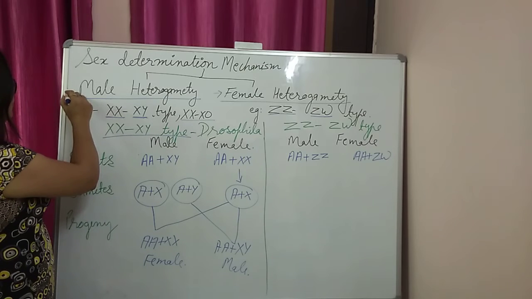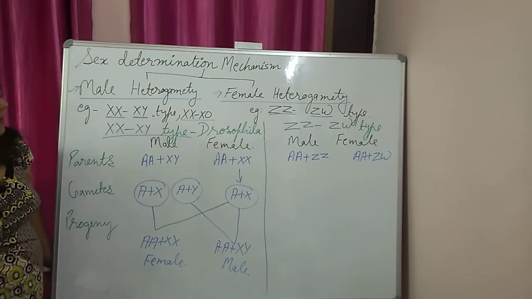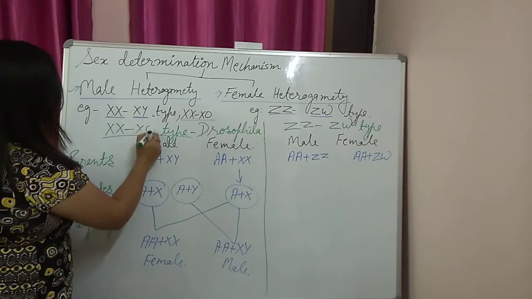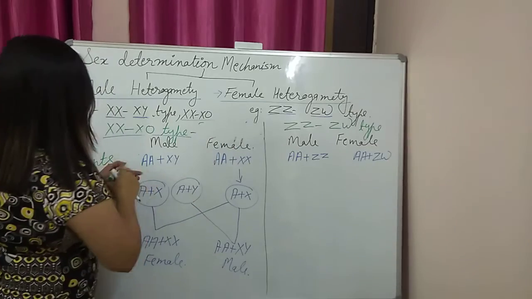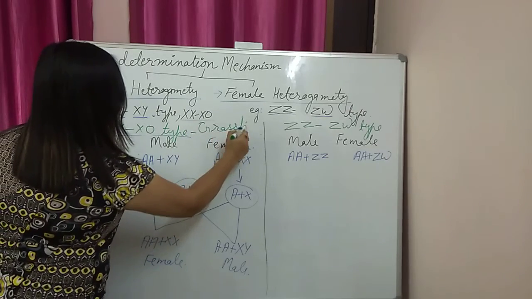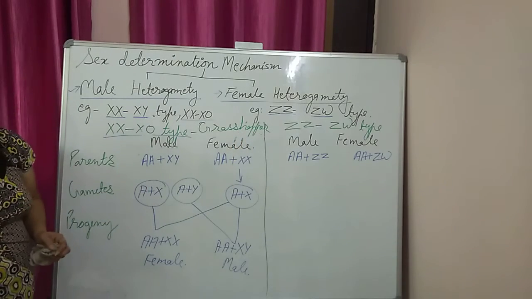Next example of male heterogamety is the XX-XO type, and the example is the grasshopper.